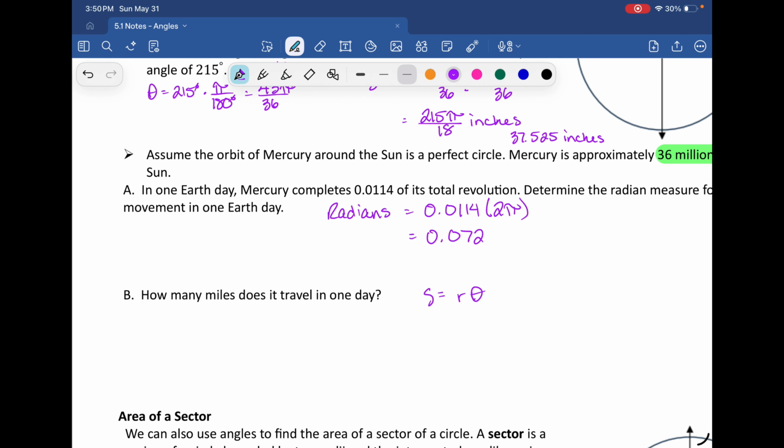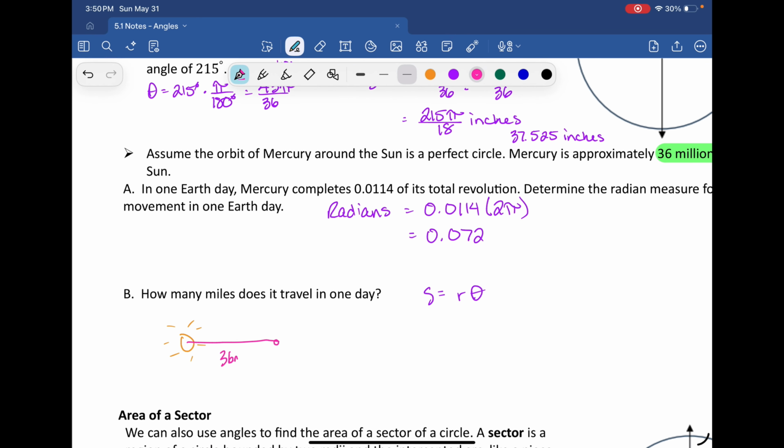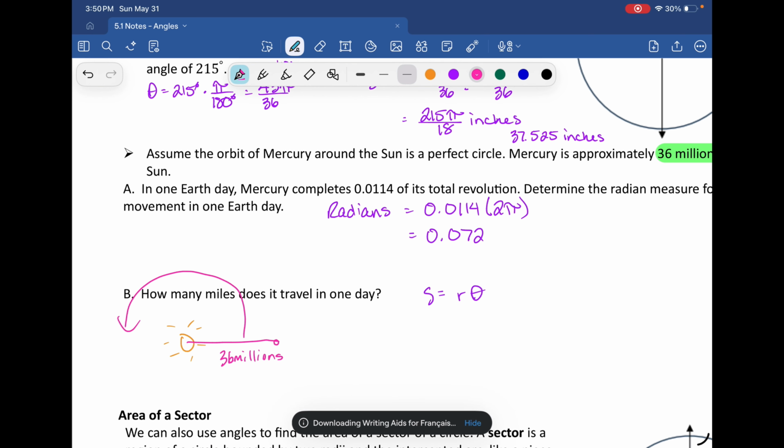So if we imagine the sun, and here's Mercury, this distance, 36 million miles, it's rotating around. That's probably the wrong direction, but it's fine.